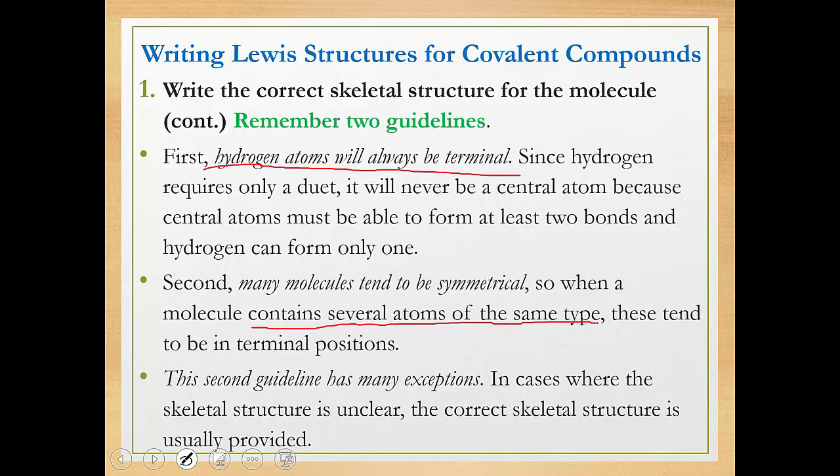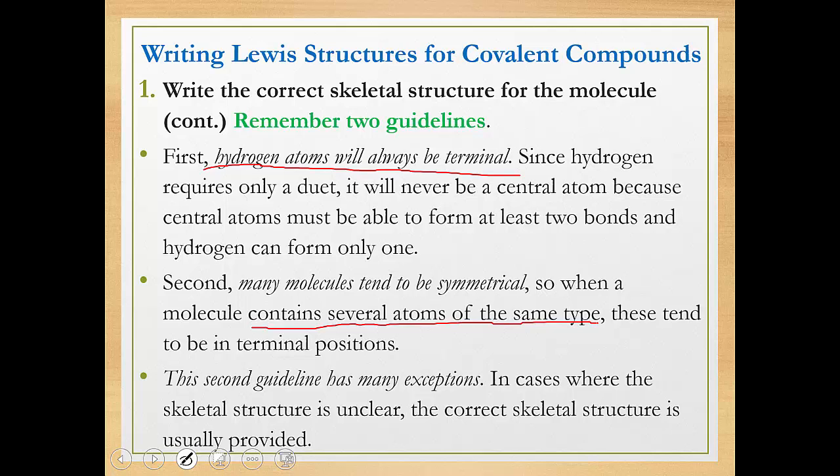Electronegativity is kind of based on ionization energy that we looked at back in chapter 9. If you look at fluorine as the one with the highest ionization energy, it's also the most electronegative. So the more likely an element is to pull electrons toward itself, the more likely it is to be a terminal atom.